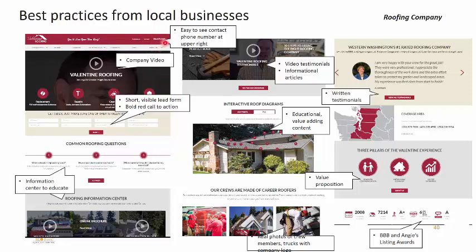Phone number here on the right upper side, an easy to see contact phone number. A company video, an owner explaining the story of the company or what it stands for, something like that, powerful. A short, visible lead form, right? You write your name, a few pieces of information, submit. It makes it easy to submit your information.